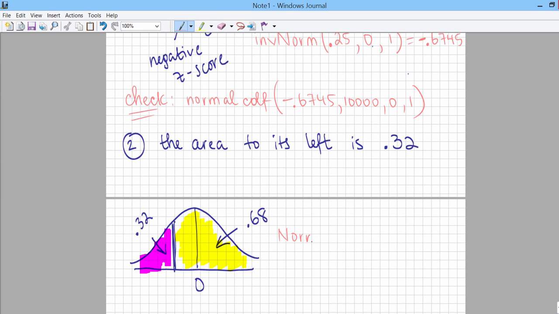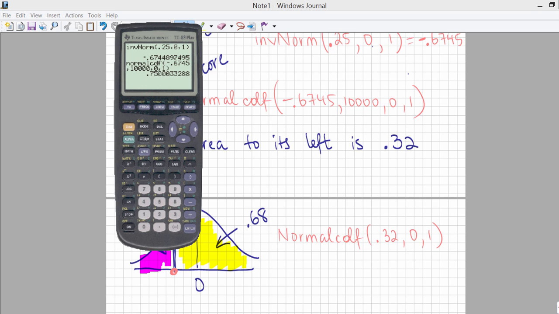So inverse normal, 0.3201. And you know that it's going to give you a negative number, and that's fine because this z-score should be negative, right? It's to the left of 0. So let's go ahead and do that.